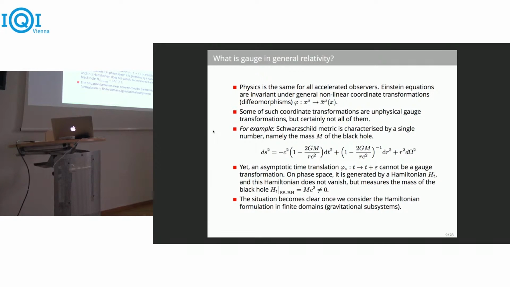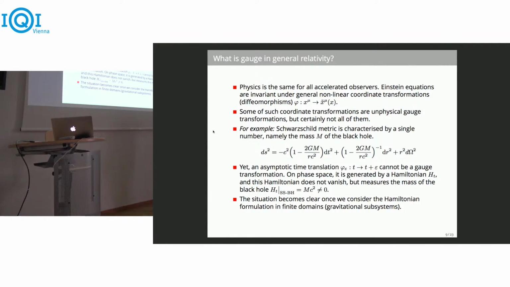That means if you write down a metric in one coordinate system and now introduce a new coordinate system, then this new metric, as expressed in these new coordinates, will still solve the Einstein equations. However, the question now appears: is any such coordinate transformation also a gauge symmetry in the Hamiltonian sense?